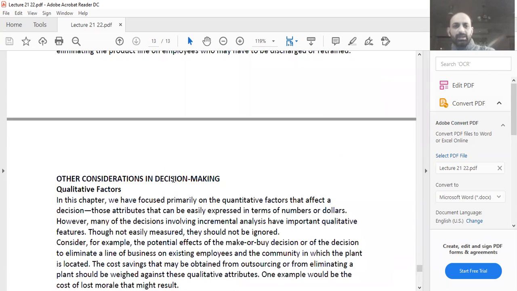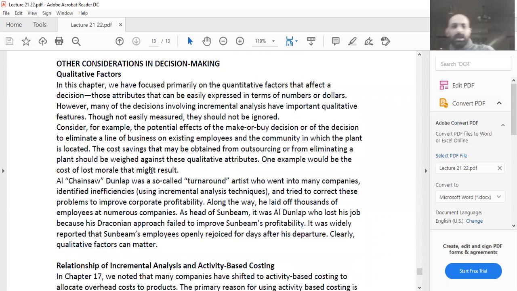Other considerations in decision making. Qualitative factors: when we started in lecture 21, we said we would only look at the quantitative factors. By quantitative I mean financial factors when we are doing the incremental analysis, but non-financial factors are also very important.